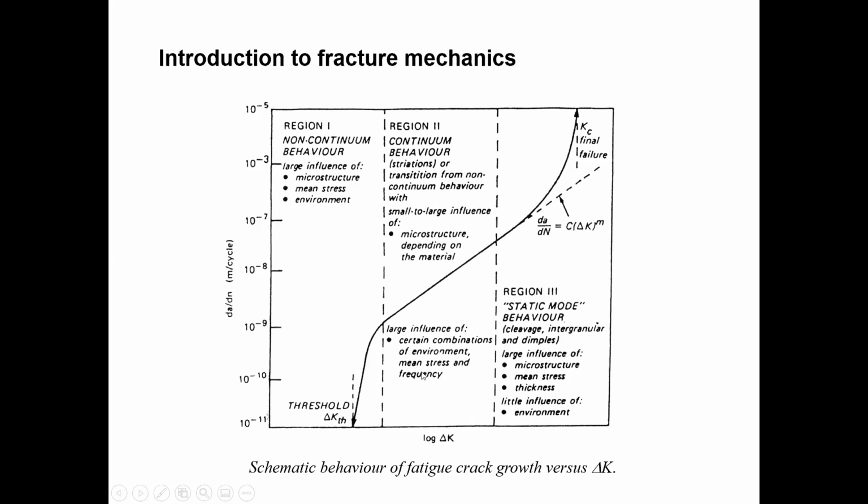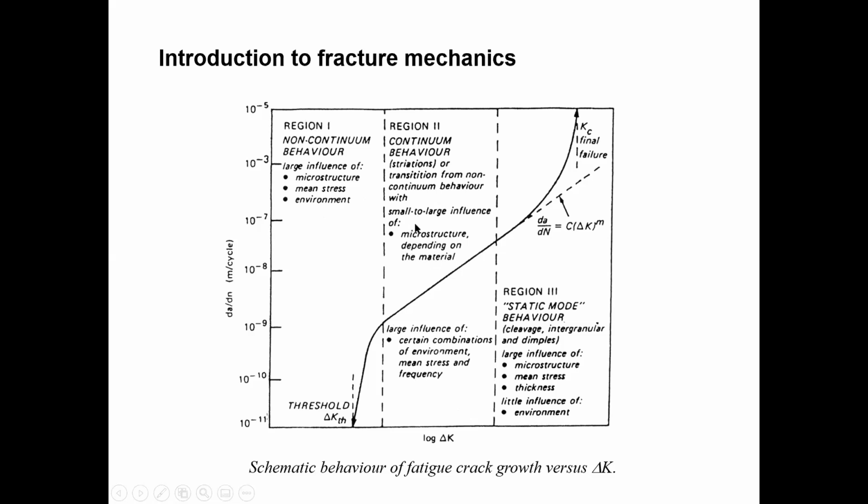Frequency means the number of cycles. Within 1 second, the number of cycles is the frequency. So frequency and mean stress, and a small influence by microstructure depending on the material.